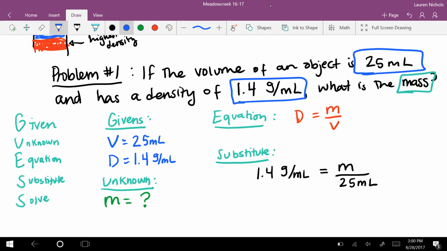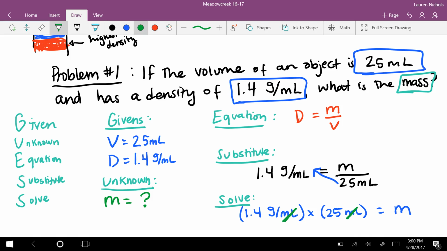Now, to solve for mass, I would cross multiply. Oh, sorry, I'm skipping a part. This is where we would solve. So now we're going to solve. I would have 1.4 grams per milliliter times 25 milliliters is equal to my M. Now, my milliliters cancel out with my milliliters.